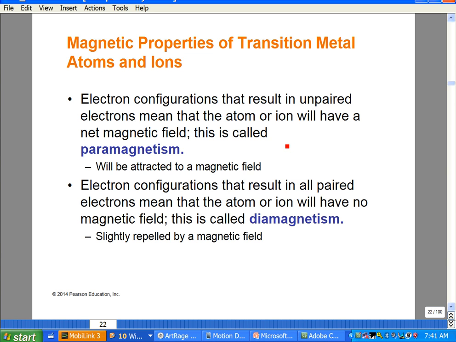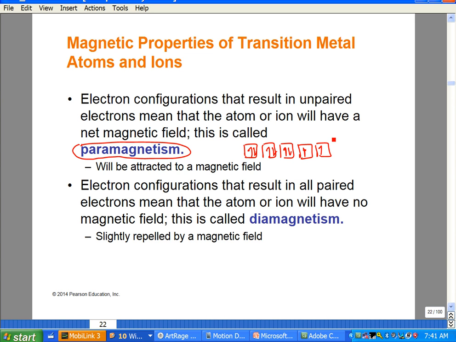On the other hand, if you have no unpaired electrons, it is not attracted to a magnetic field. As a matter of fact, it's slightly repelled by a magnetic field. We call that a diamagnetic atom or ion, and this effect is called diamagnetism.